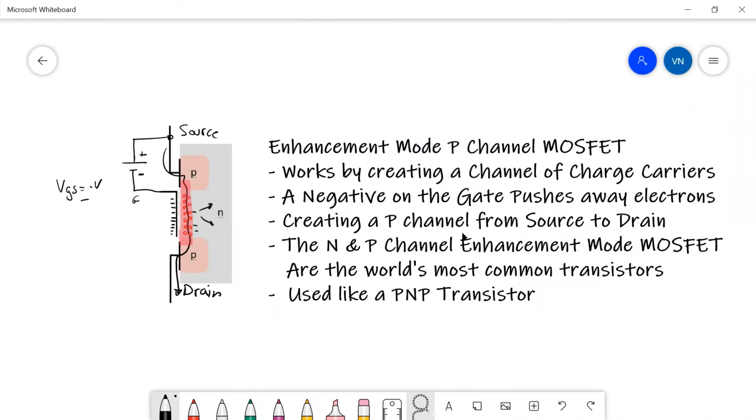So the enhancement mode P-channel MOSFET works by creating a P-channel of charge carriers. A negative voltage is applied to the gate, and that pushes away the electrons, creating a P-channel from source to drain. The N and P-channel enhancement mode MOSFETs are the world's most common transistors.